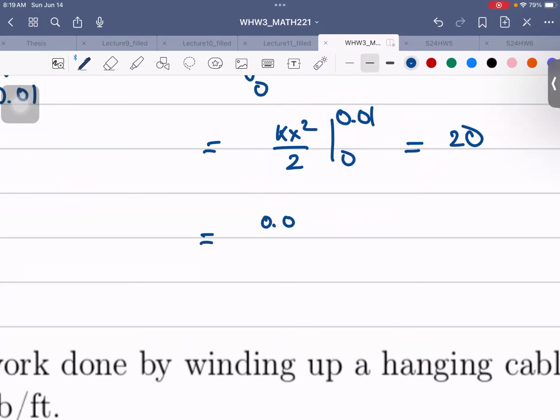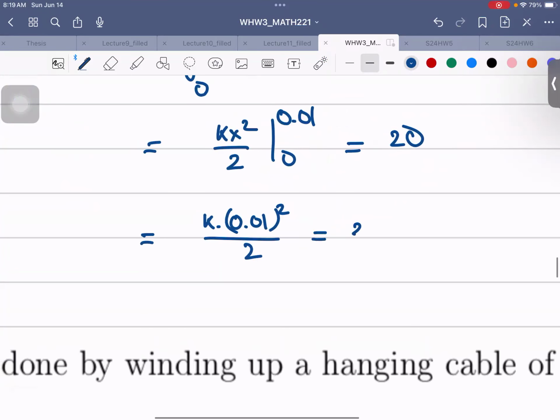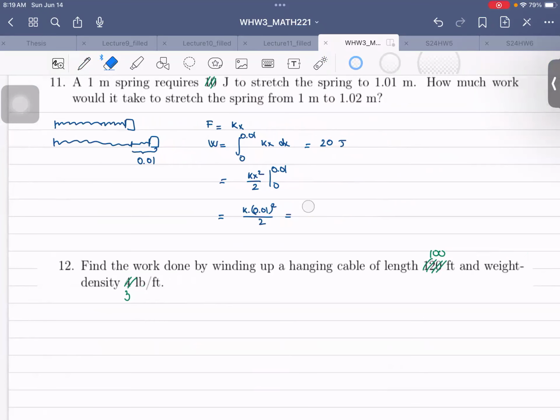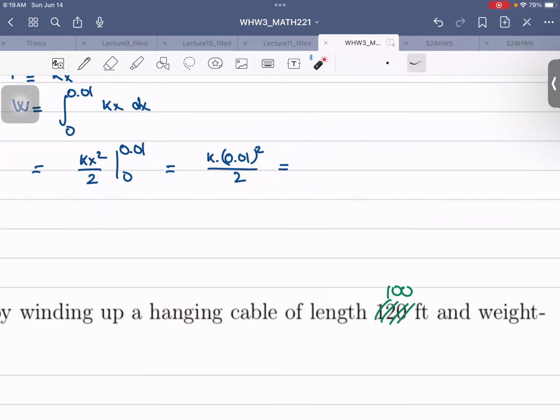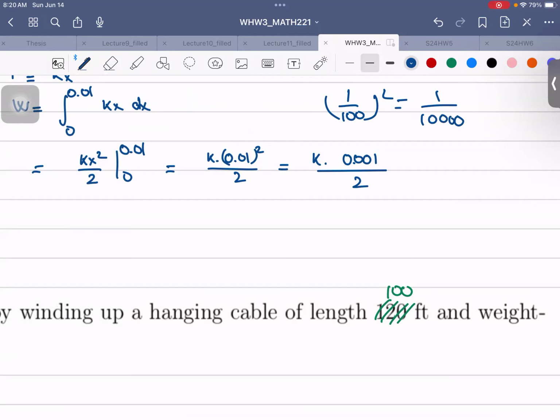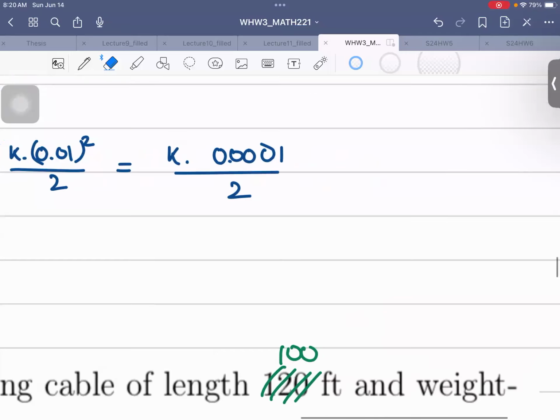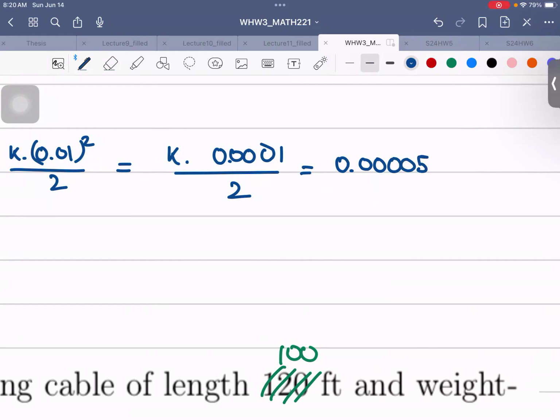I have k times 0.01 squared divided by 2 equal to, okay, firstly let me finish my integration. 0.01 squared gives me 0.0001, divided by 2, so you have 0.00005k.